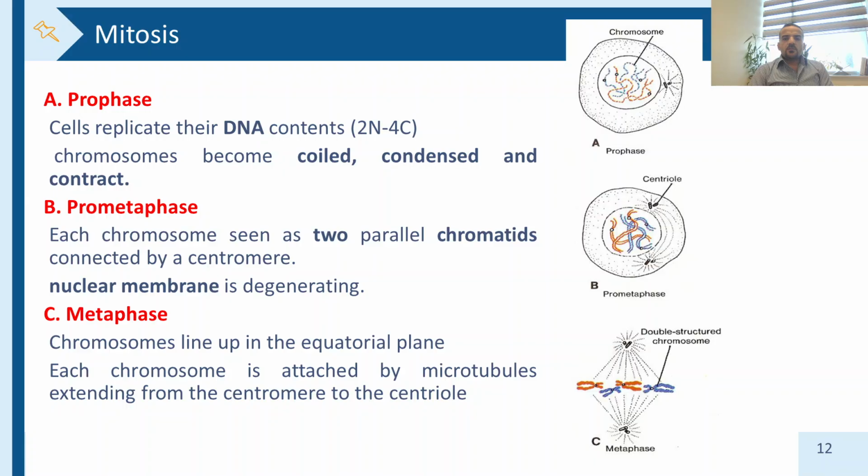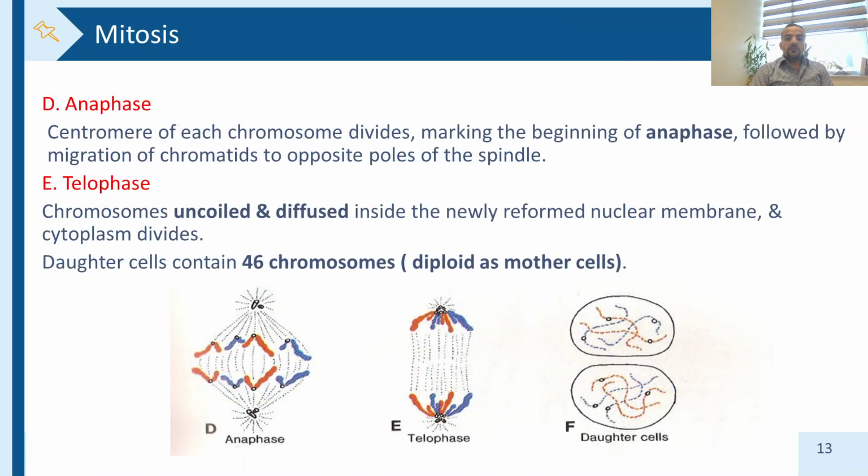بالmetaphase the chromosomes will be arranged in the equatorial plane. عندنا فد structure called microtubules تربط لنا بين السنترومير والسنتريول. هذا الستركتشر اللي يصير عندنا بالmetaphase we call it the spindle formation. بالanaphase the chromatids will be pulled toward the poles of the cell.